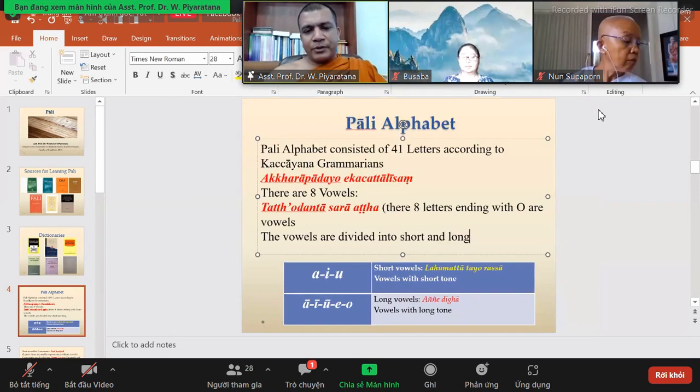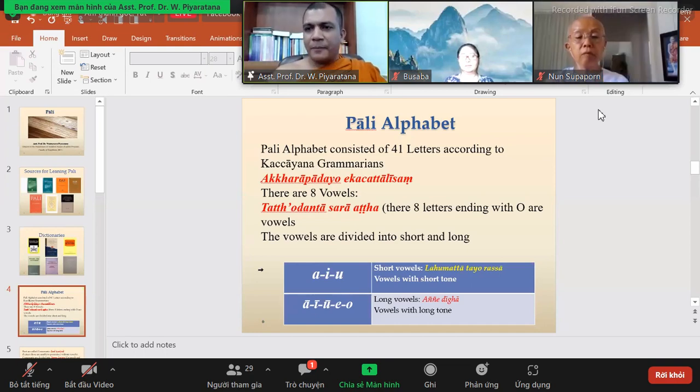From those 41 letters, 8 letters are called vowels. Vowels in Pali we call sara. If you are familiar with the English alphabet, in English there are 5 vowels.